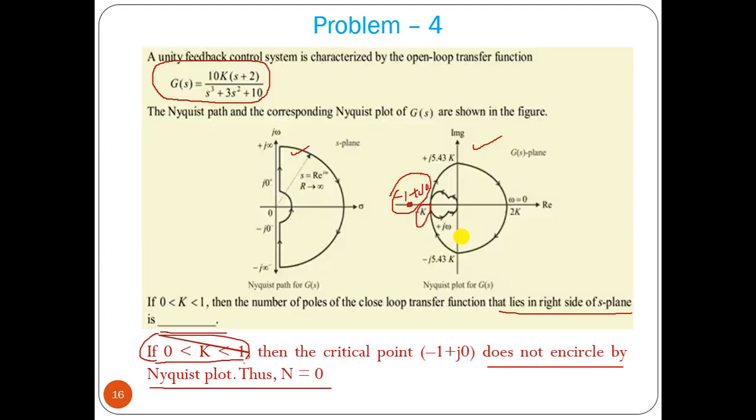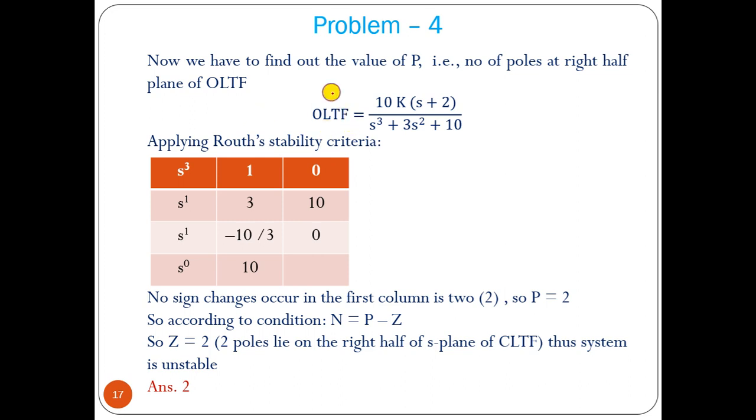Now what we have to do? We have to find out the value of P. How can we find the number of poles in the right half plane? We have to take the OLTF, and from that we find the value of P. So we can use the Routh stability criterion.